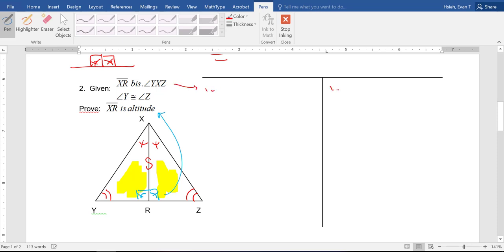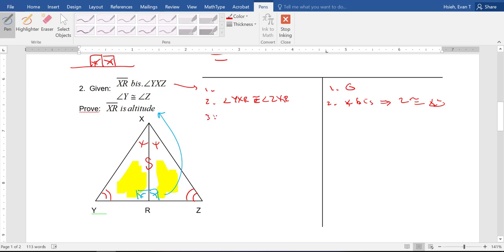So step 1, bisector. Step 2, you know that angle YXR and angle ZXR are congruent to each other. If you have an angle bisector, then you have two congruent angles.